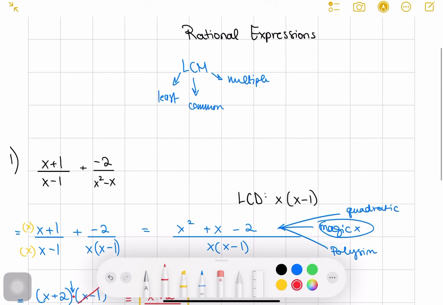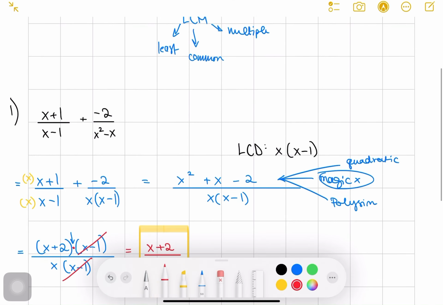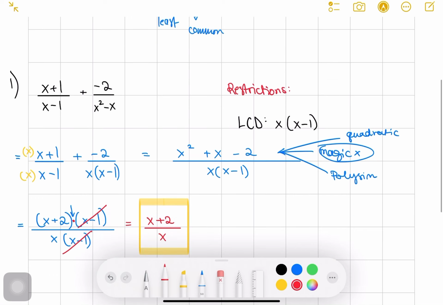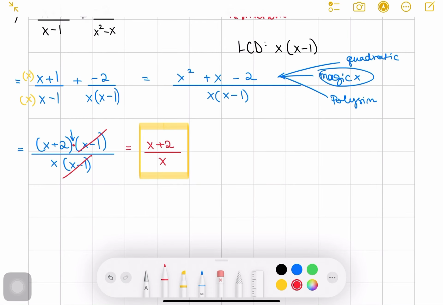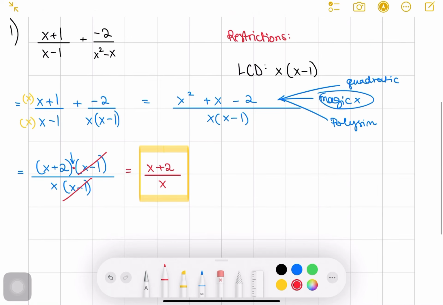We're not done. We still have to set restrictions. Restrictions are very important in the world of algebra. They are what make this expression not undefinable. If the denominator is 0, the expression and the answer will be undefined. So we need to do everything we can to keep the denominator from being 0.